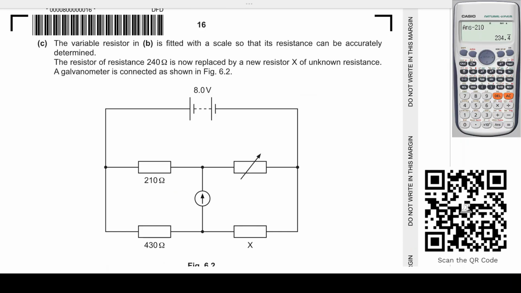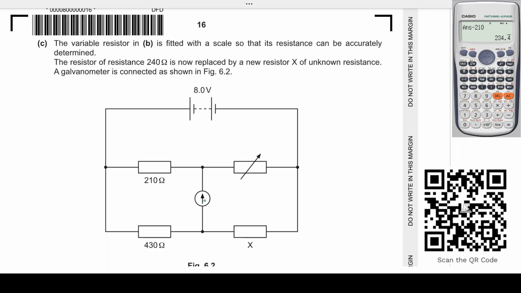So this is a variable resistance, so we keep changing this one until the galvanometer reaches the null position, or null point.